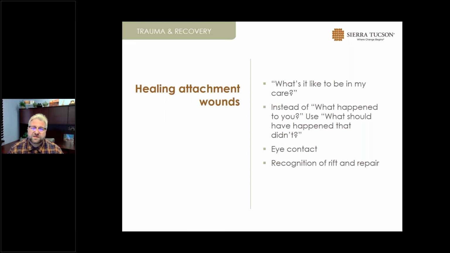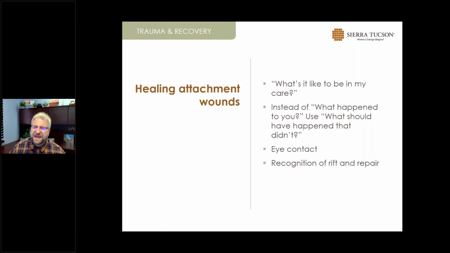And I kind of touched on this a little earlier, kind of the old school approach to therapy is, hey, tell me all your traumas and then you're better. Instead of saying to somebody, what happened to you or what are your traumas, you say, what should have happened that didn't? Attachment trauma, developmental trauma, and somatic work, it's not just about what happened to somebody or what the bad things are. It's also what didn't happen that should have.